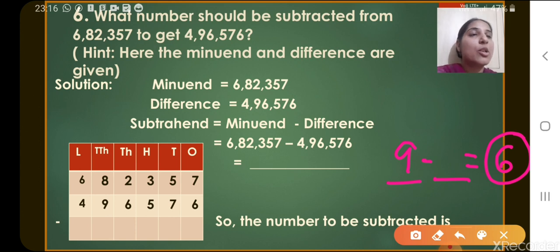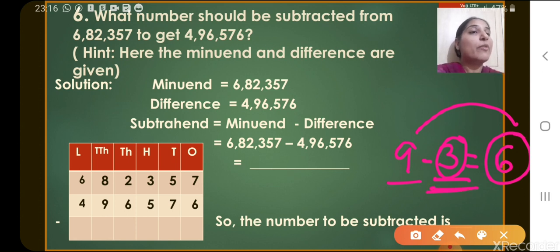Can you tell me what we will subtract from 9 to get the difference as 6? Yes, that number will be 3. So how did you get that number 3? You subtracted this difference from the minuend to get the subtrahend.